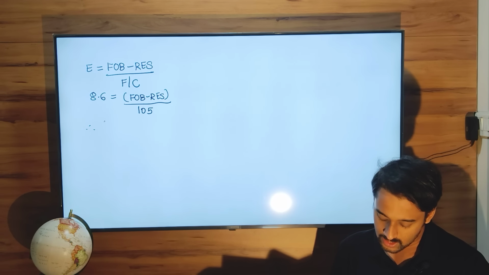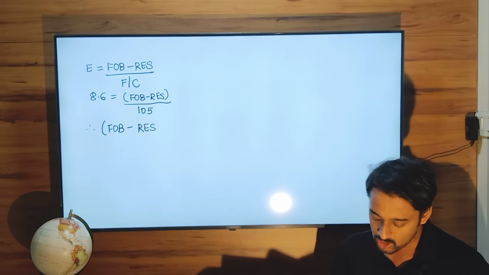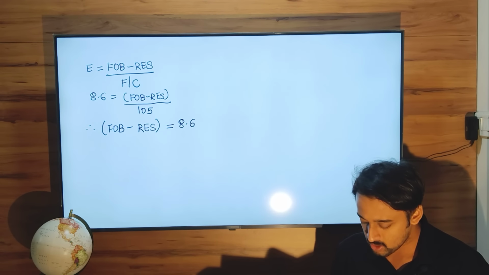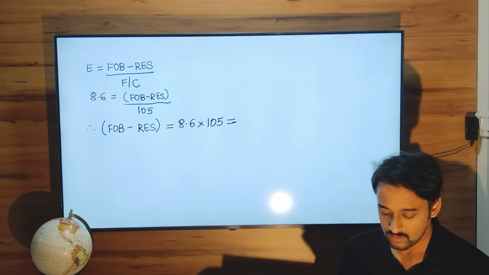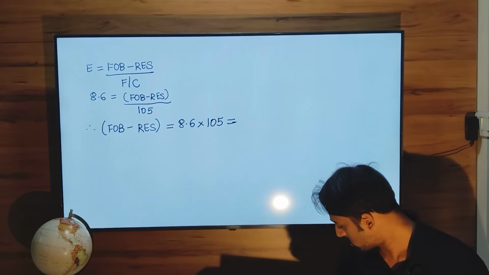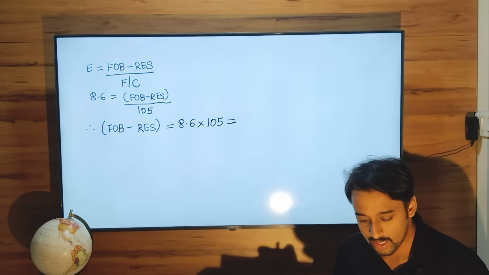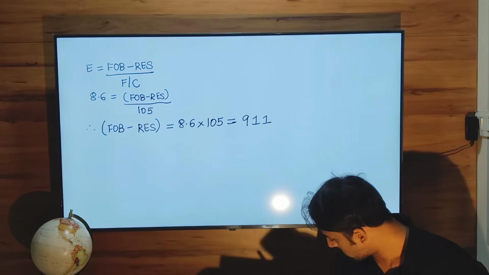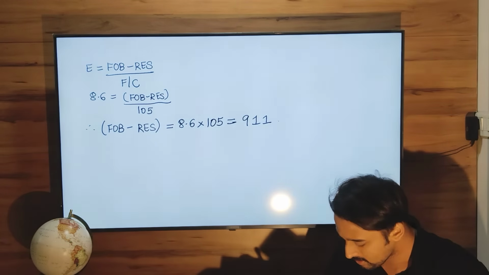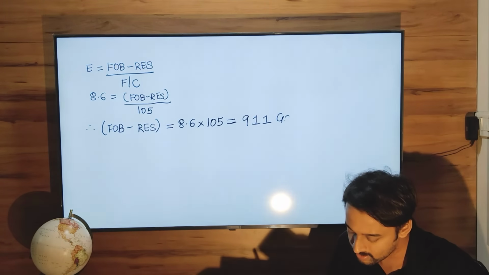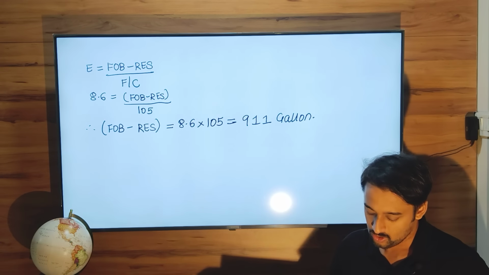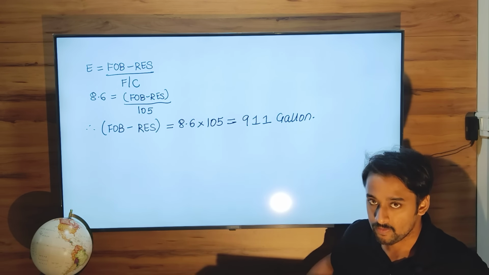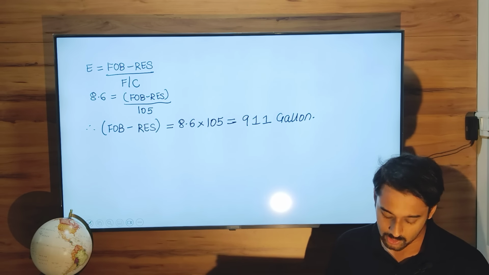So our final answer is that fuel on board minus reserve will be equal to 8.6 into 105, which is approximately 911 gallons. Okay, so very long sum, but very important for conceptual understanding.